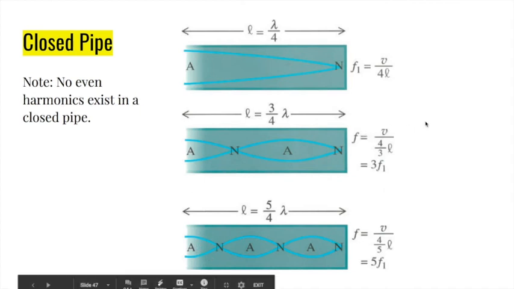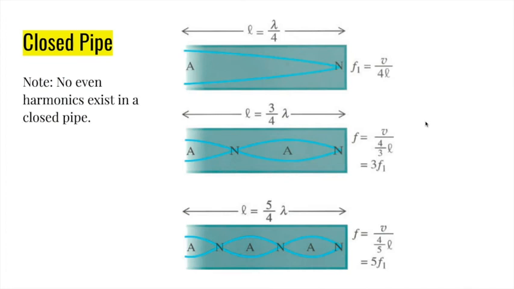What that means is that we're never going to have an even harmonic from a closed pipe. The v's for both the closed and the open pipe are typically going to be the speed of sound in air, which most of the time we're going to assume that the air is 20 degrees Celsius, so that'll be 344 meters per second. And then we divide by 4 times the length, and that'll give us our frequencies.